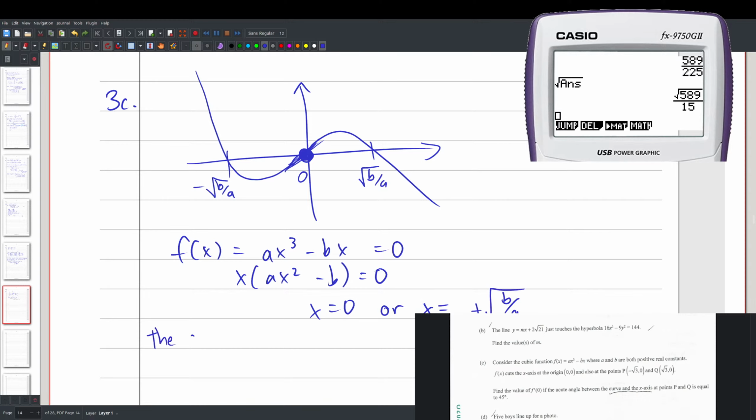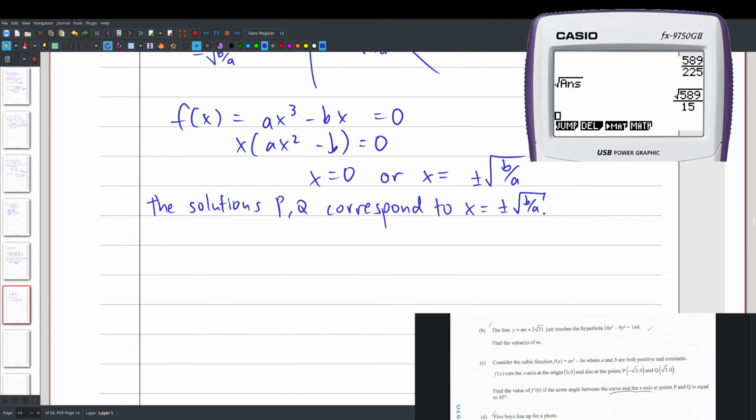The solutions P and Q correspond to x equals plus or minus root b on a. This should be right. So hence root b on a is equal to root 3, b on a is equal to 3, yes, b equals 3a.